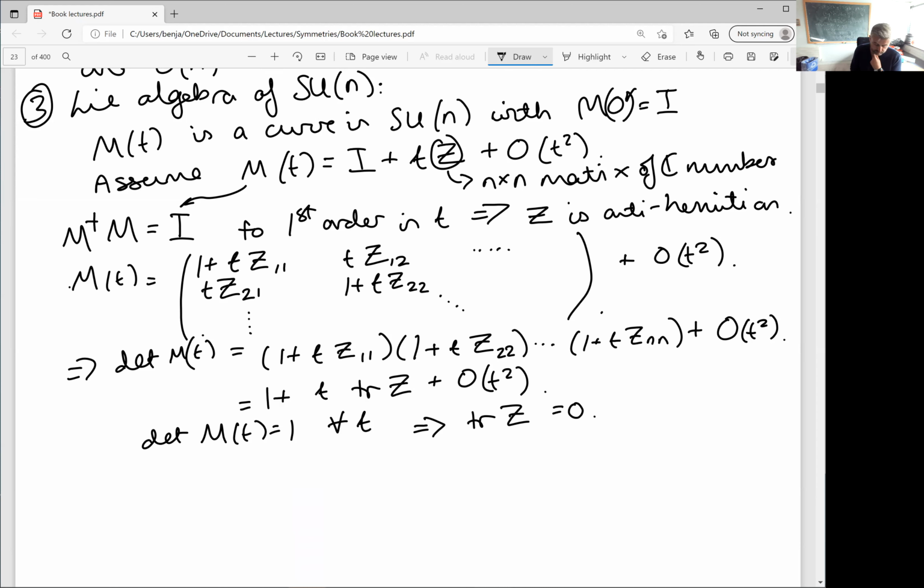So we have 2 constraints. We have anti-Hermitian and traceless, so it's the set of n by n traceless anti-Hermitian matrices.